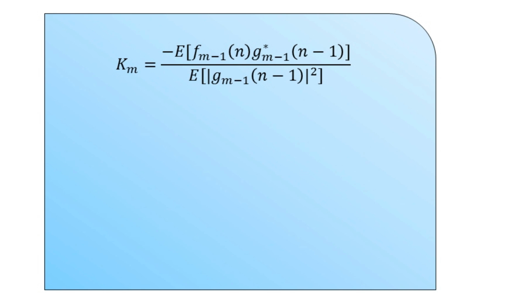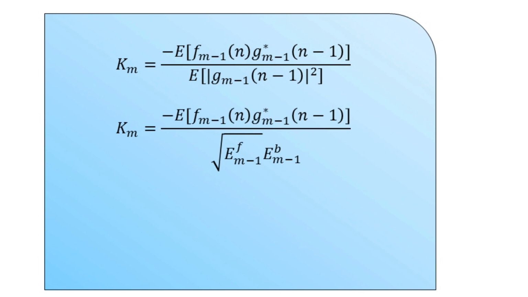The equivalent representation of the same can also be expressed in the form where capital K suffix m is equal to minus the expected value of f suffix m minus 1 of n into the conjugate of g suffix m minus 1 of n minus 1, the numerator the same, divided by the square root of the minimum square error, denoted by capital E suffix m minus 1, the power represented by f for the forward case, and for the backward case the second notation with the power represented by small p.